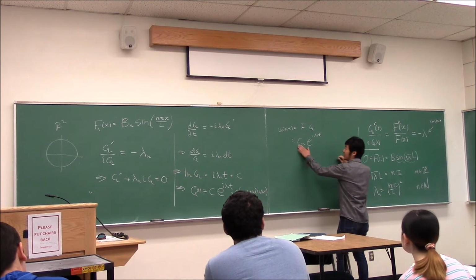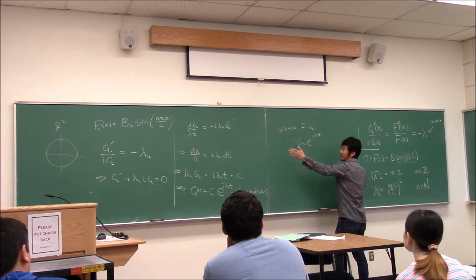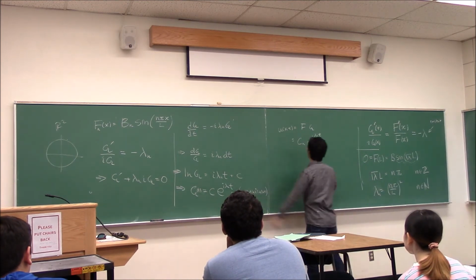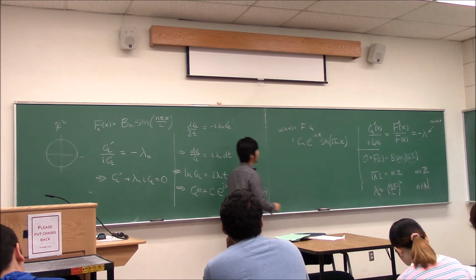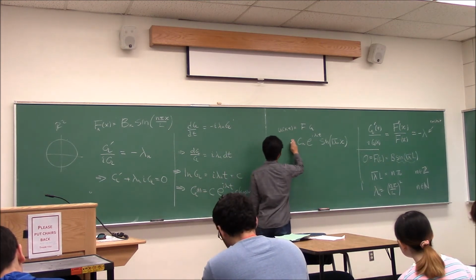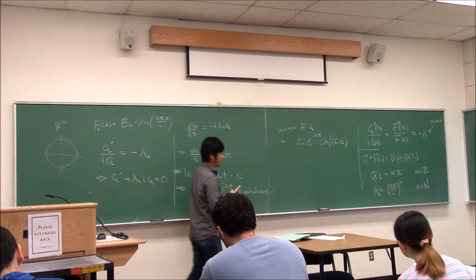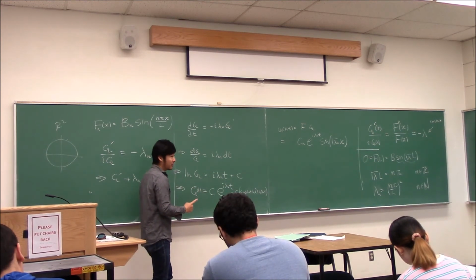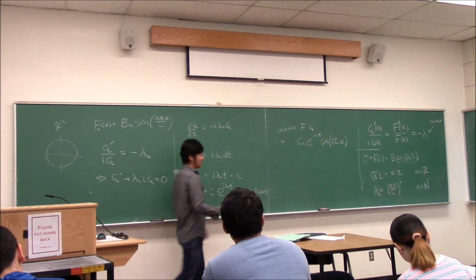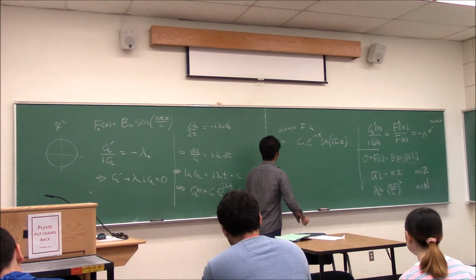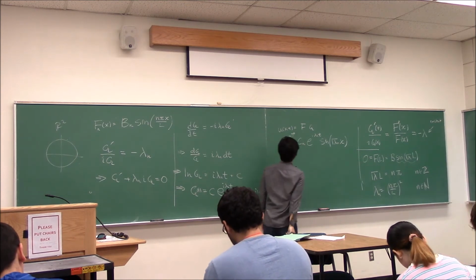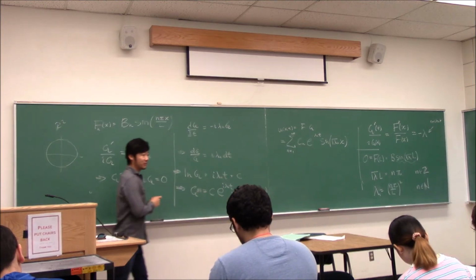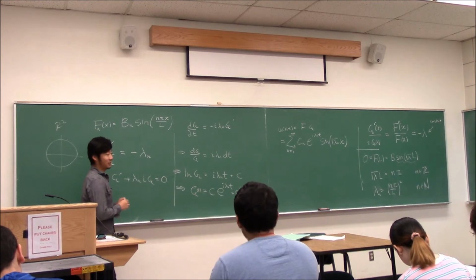We'll just say this constant accounts for all the constants, like cn and bn. So this is sine of root lambda n x. The thing about these separated solutions is that since each one is a solution and your PDE is linear, you can add together these solutions, and it's still a solution. So let's just add together all these guys, and that is your solution to the Schrodinger equation.